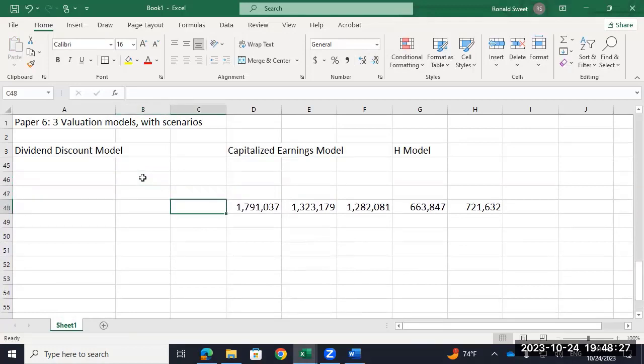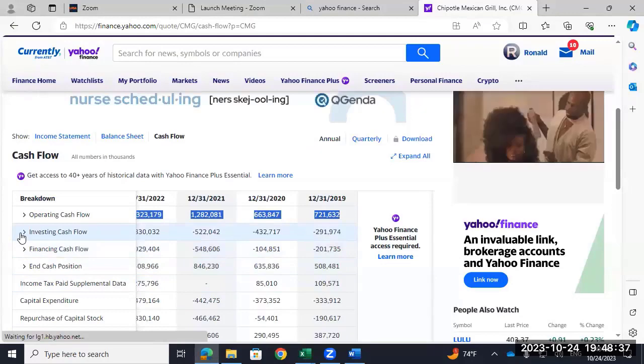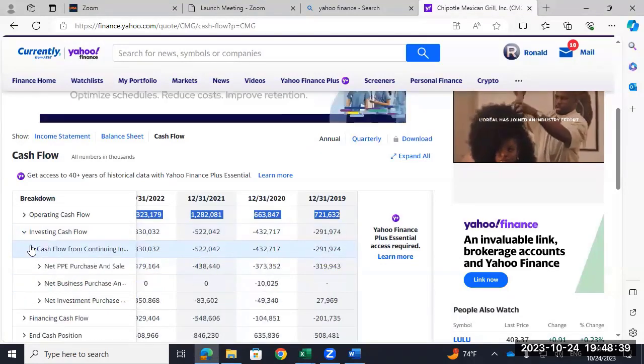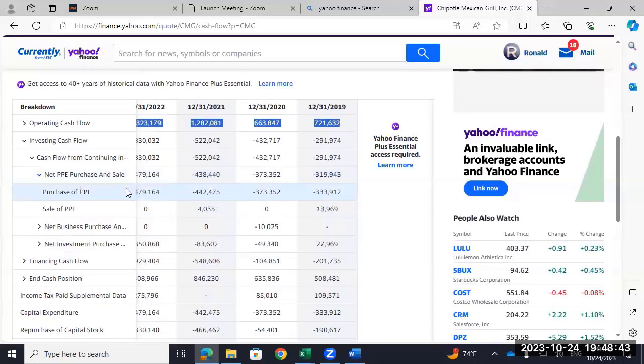All right, so this is CMG, CFO, CMG, capex. That's under investing activity. It's essentially what they call purchase and sale of PP&E, but it won't let me over there.